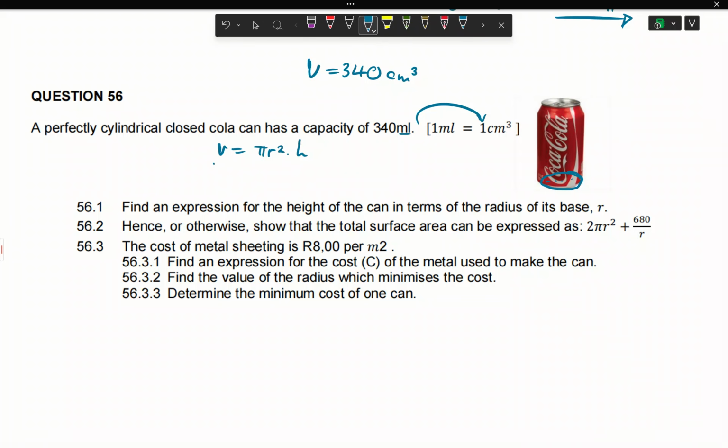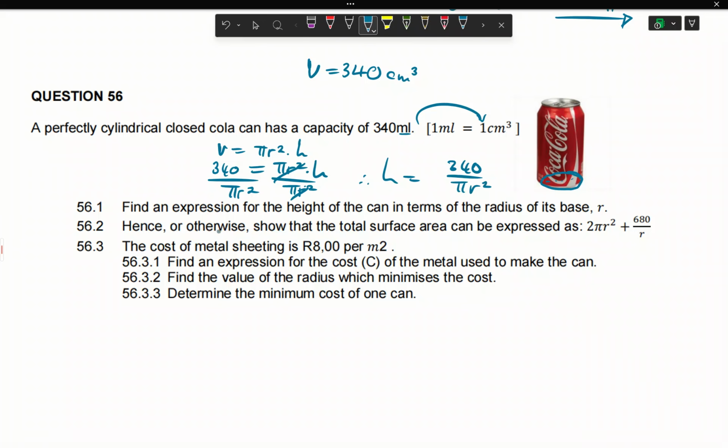So now the volume is 340, which is equal to pi r squared times h. To express h, you simply divide both sides by pi r squared. Therefore, h is 340 all over pi r squared.